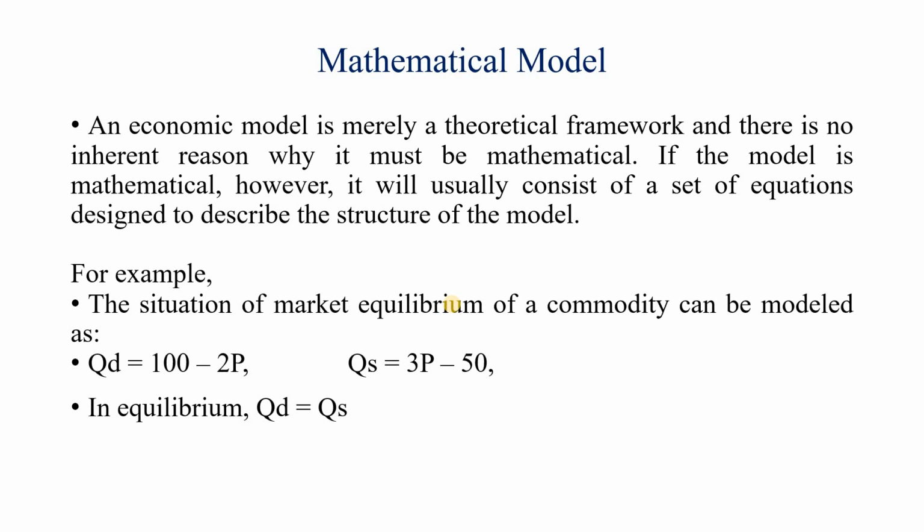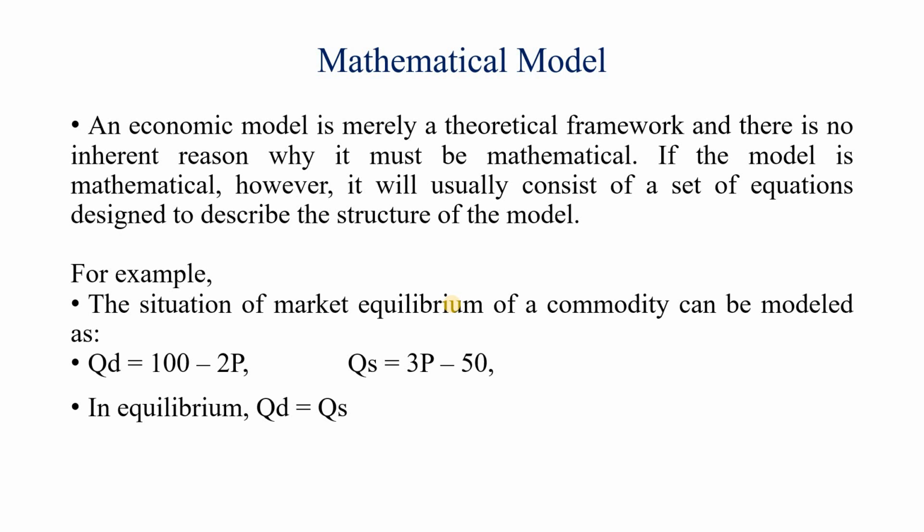So, for example, the situation of market equilibrium of a commodity can be modeled as, for example, a demand function Qd equal to 100 minus 2P, Qs equal to 3P minus 50.